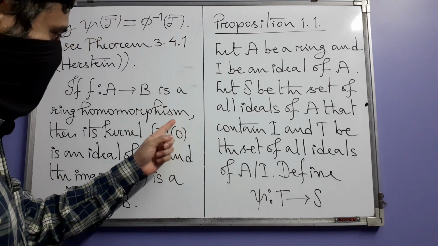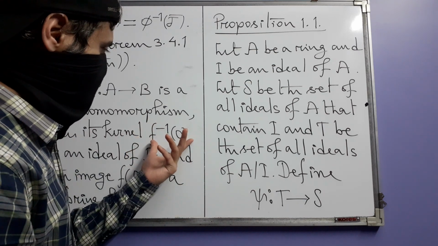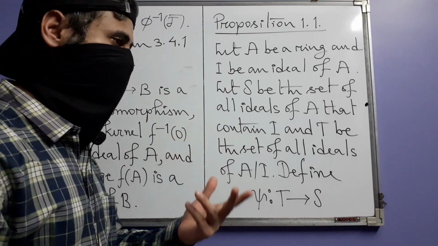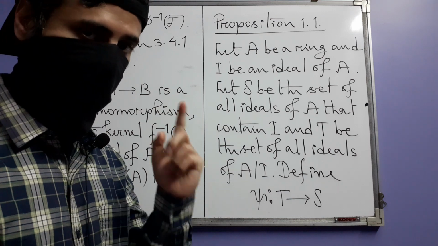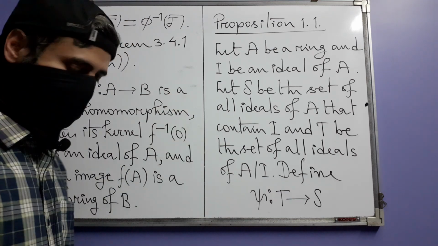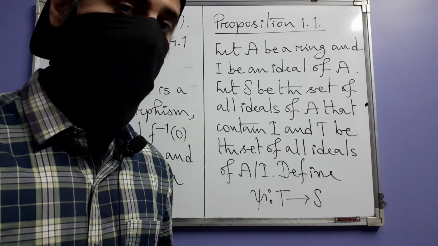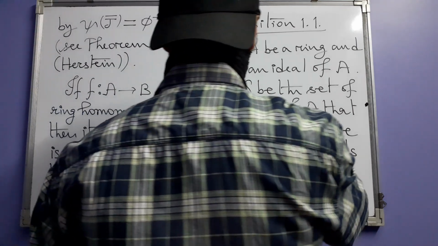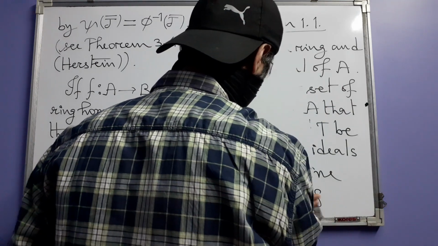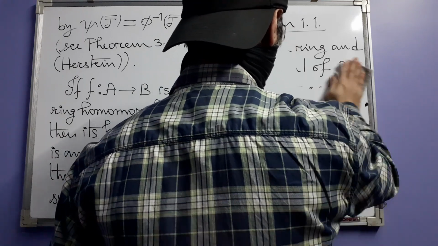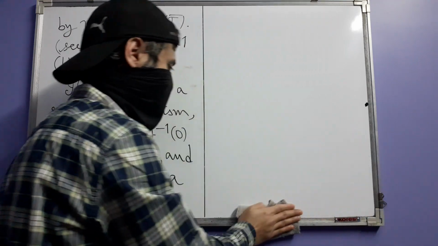Although we have seen this fact that kernel is also an ideal, in fact, the notion of kernels of homomorphism gave rise to the idea of ideals in Herstein, if you recall. We first did what in Herstein? We introduced the notion of a ring homomorphism, and then we defined its kernel, and then we asked what properties will a kernel of a ring homomorphism have, and we proved some 2 or 3 properties.